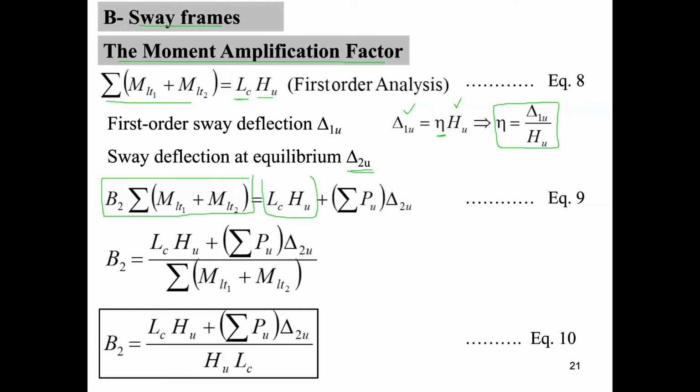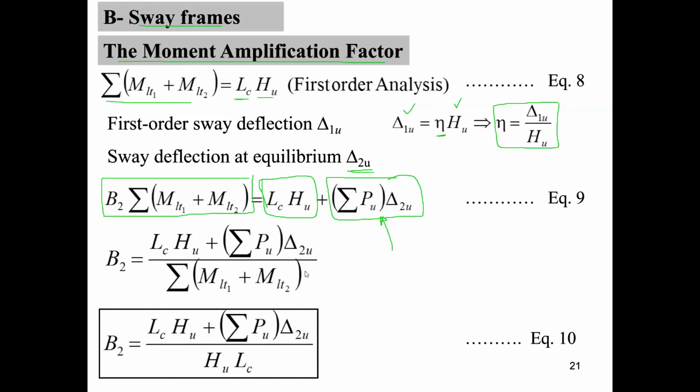This term should equal Lc times Hu, which is the primary moment, plus the summation of Pu times delta 2u. This term represents the secondary moment. Now we can solve equation 9 for B2.